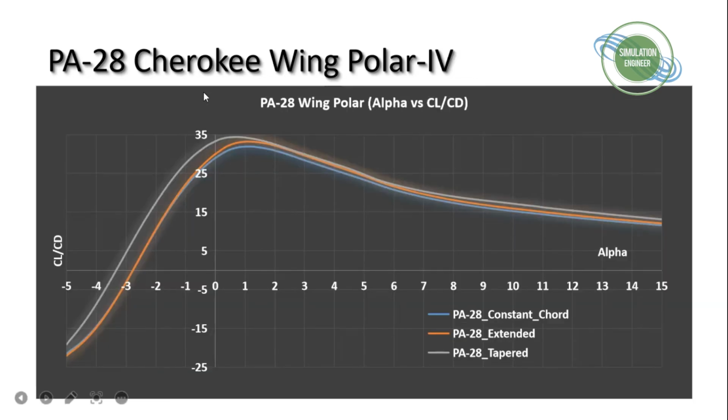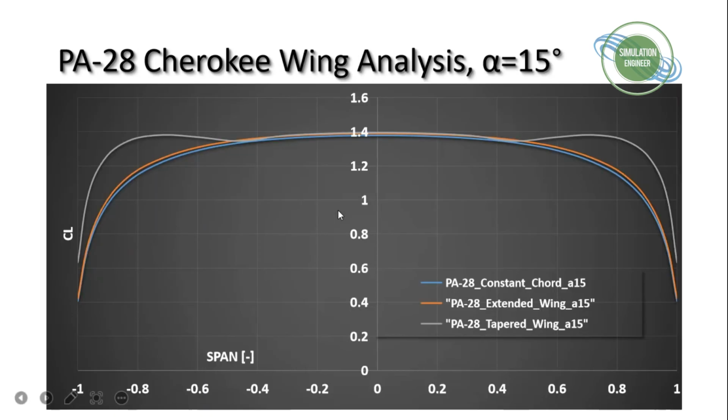In terms of performance, you normally judge the performance of your aircraft, of your wing, based on this glide ratio, which is CL over CD. So we can see that it is also performing better with the tapered one compared to the standard one. Also the similar case can be observed with this extended one compared to the constant chord plot.